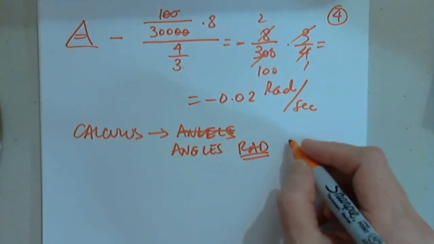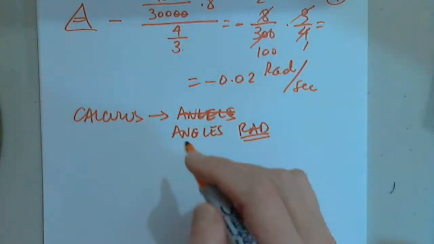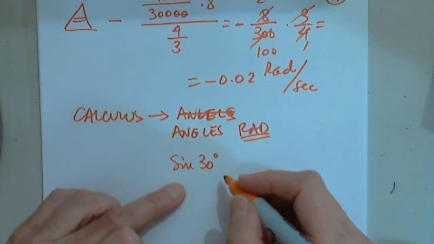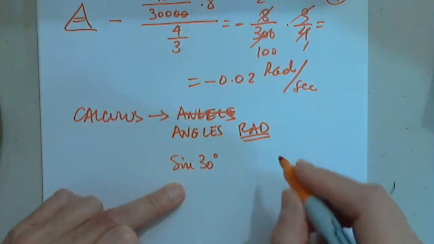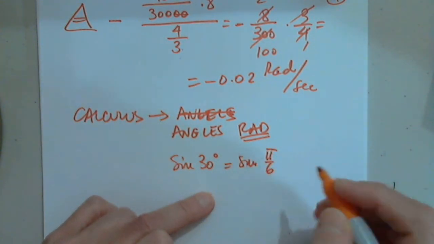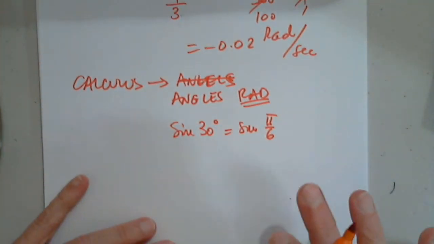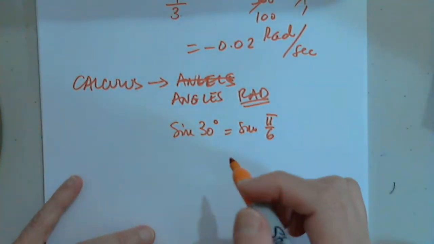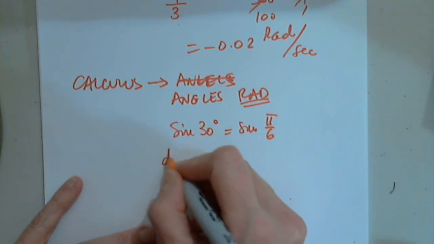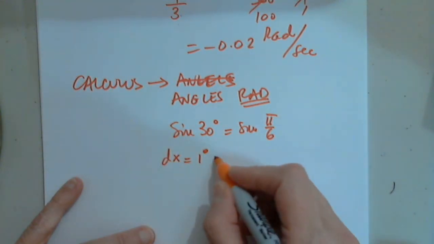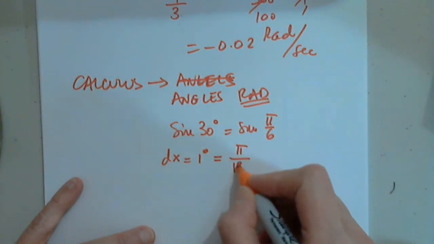Okay. Now, to be clear, if I have sine 30 degrees, can I not use this in calculus? Yes, I can. This is the same thing as sine pi over 6. There is no question there. But if I need to determine something, and we'll have this in this chapter, if dx, let's say, is 1 degree, this has to be changed into pi over 180.